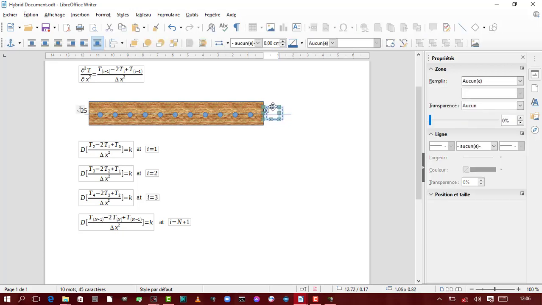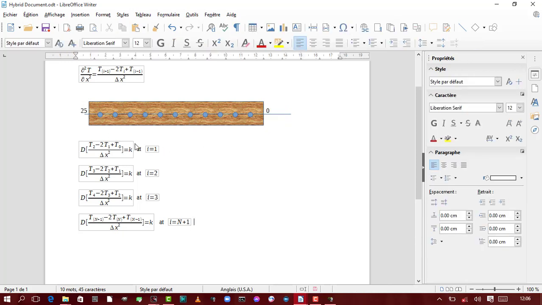It's important, we need those values because when we look at these equations, this is the value here, this one is the value here, and we're going to walk straight along the line step by step. This will be t at the position 10.